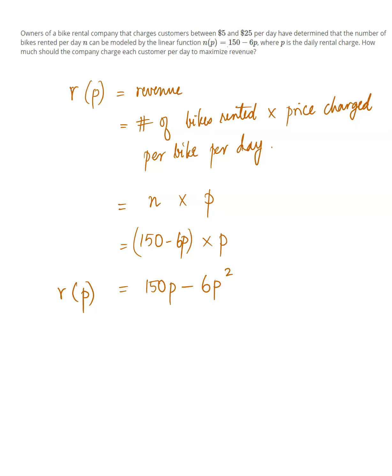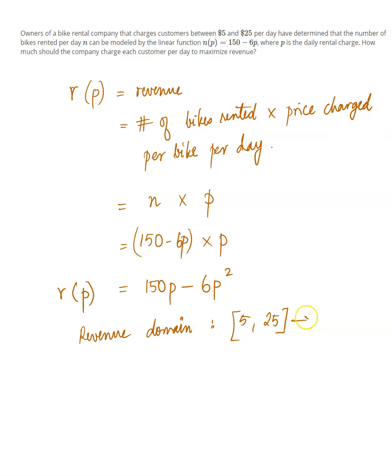Now the company wants to charge the customers between $5 and $25, right? So now we have the revenue, and the domain is between 5 and 25, because they will charge between 5 and 25. So you have basically a closed and bounded interval here. Your R is continuous on this, because R is a quadratic function.